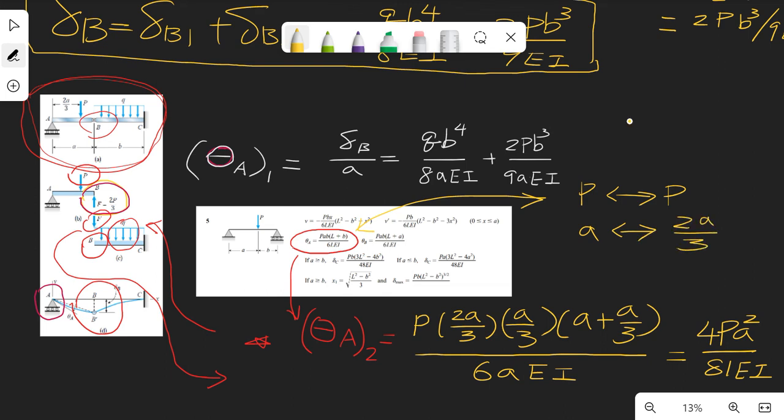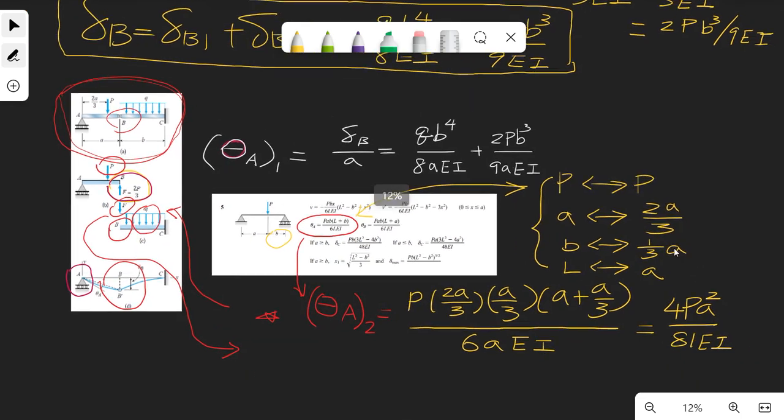This is real. And B you need to replace by 1/3 A, because this is a partition here. And the L here you need to replace by the total length, which in this case is A. So you just do the replacement and you can get this formulation.